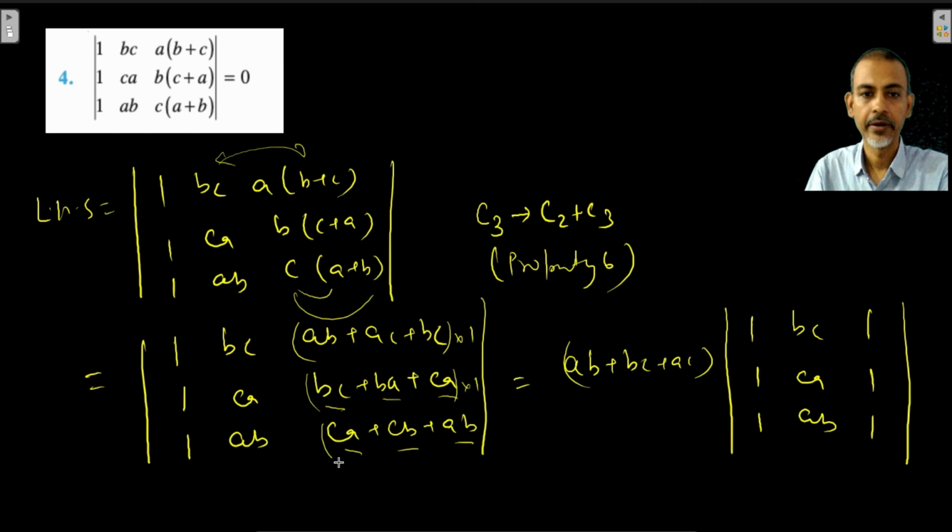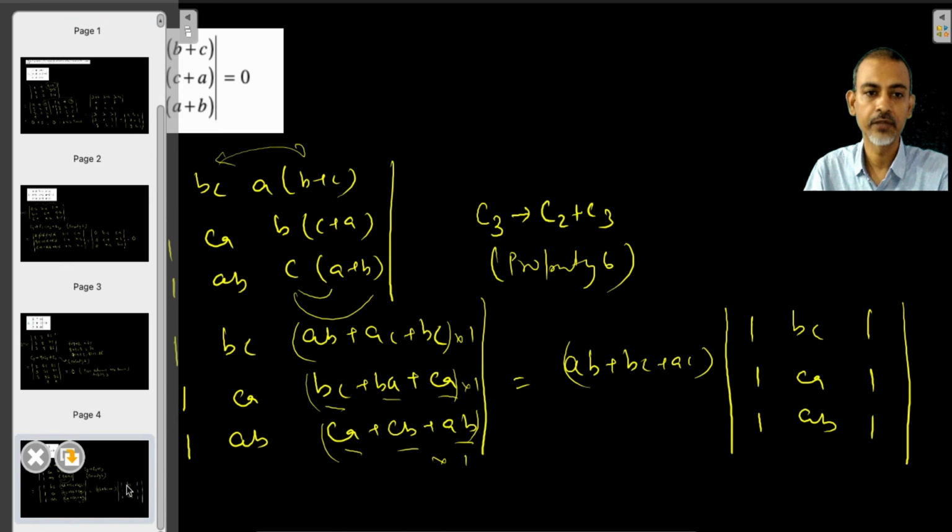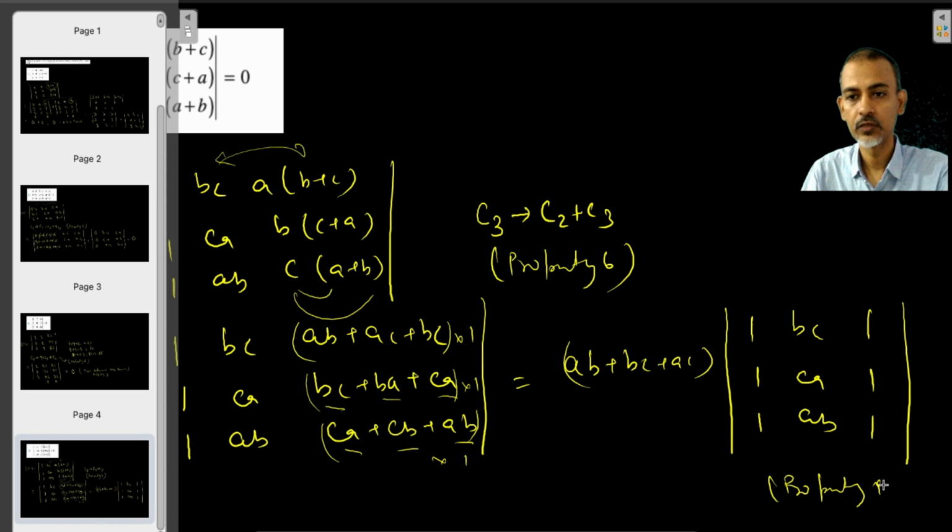So this is a constant which is getting multiplied, so I am taking it out. This is my property number 4, so you can go and revisit this property, because of which I have got this.